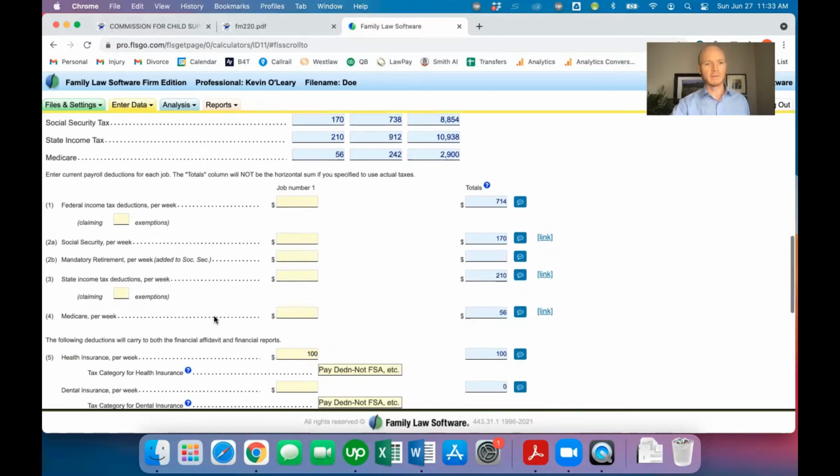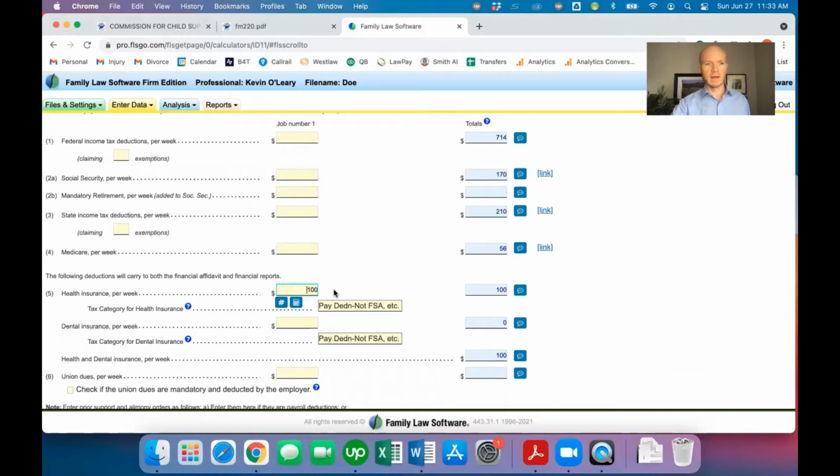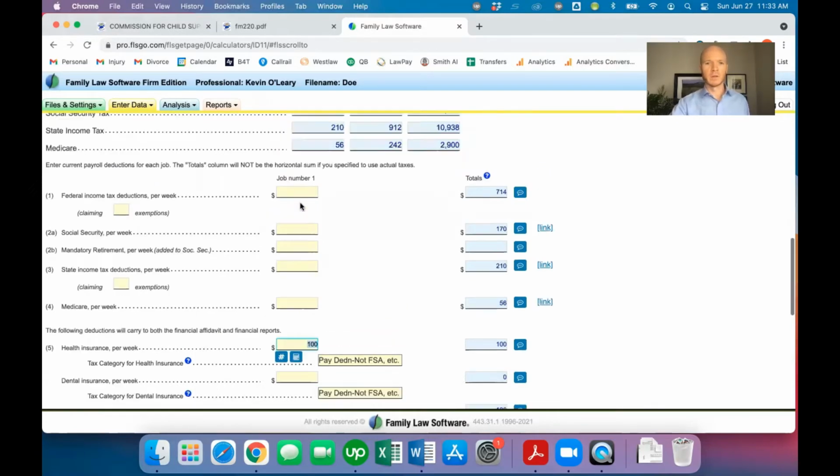And then what you often have to manually put in are the health insurance deductions. So that is going to be plugged in down here on number 5. So you're going to have to figure out the weekly health insurance premiums that each parent pays. Sometimes one of the parents will not have any health insurance premiums, but usually they do.